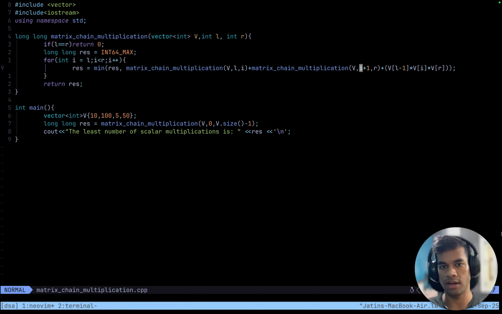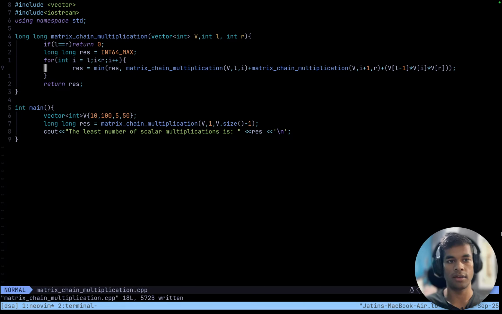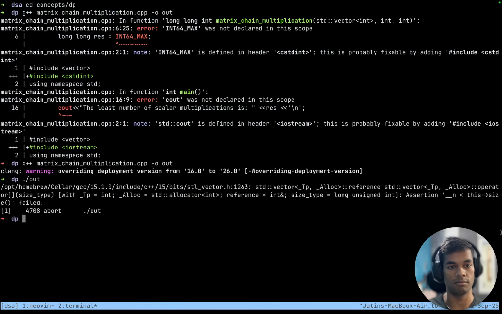Are we making the right choice at each step locally? We are not making the right choice. This L has to be 1 initially because our range starts from 1. Makes sense, because at this step here we are doing L minus 1, and 0 minus 1 is minus 1. That is not very good.